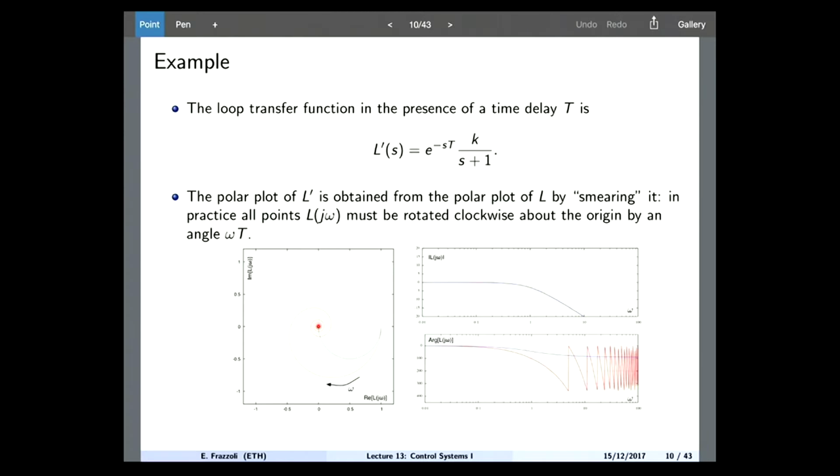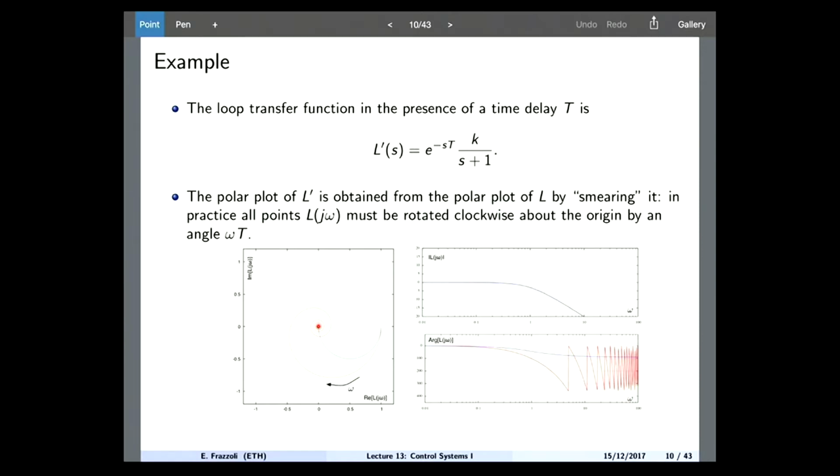The way to think of it is that every point on this half circle gets rotated by omega T. As you move towards the origin, omega is increasing, so the angle by which you rotate that point increases. I think of this as smearing that circle by an amount that increases the closer you get to the origin. In fact, you get a kind of spiral, because as omega goes to infinity, the amount by which you have to rotate those points goes to infinity as well.